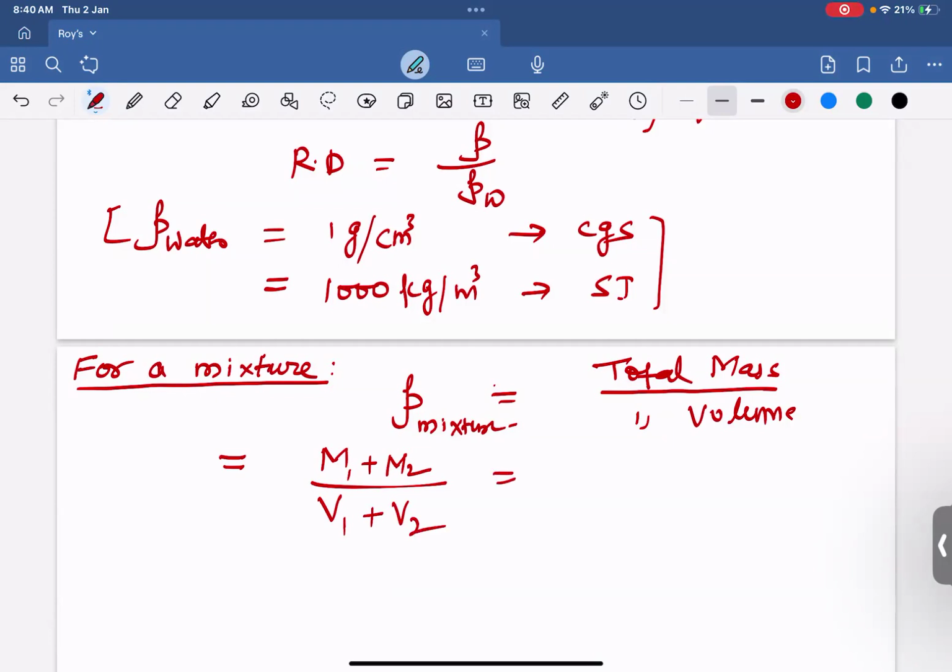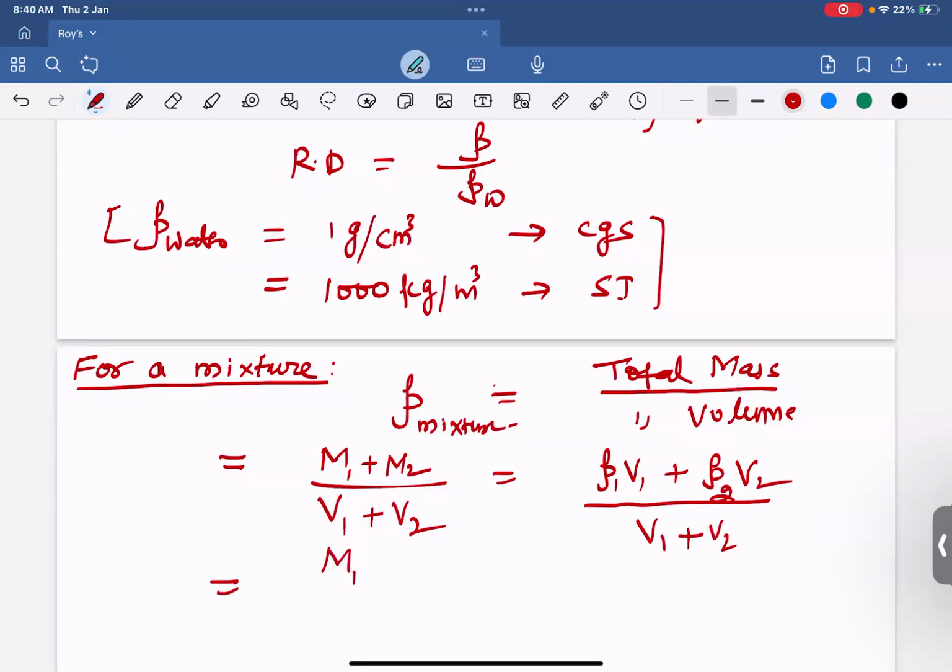Sometimes mass is not given. So in place of M1, you can write rho 1 V1, the mass of the first liquid, and rho 2 V2, the mass of the second liquid, divided by V1 plus V2. Let's suppose mass is given, volume is not given.